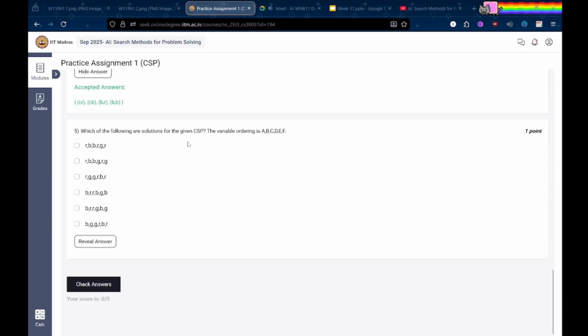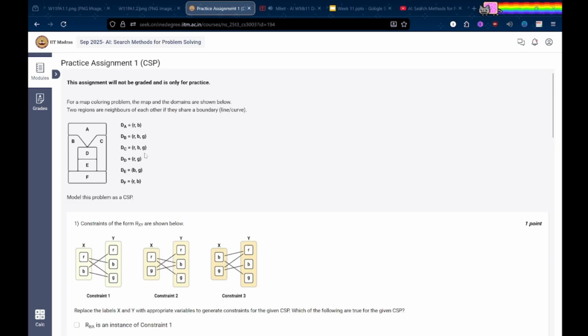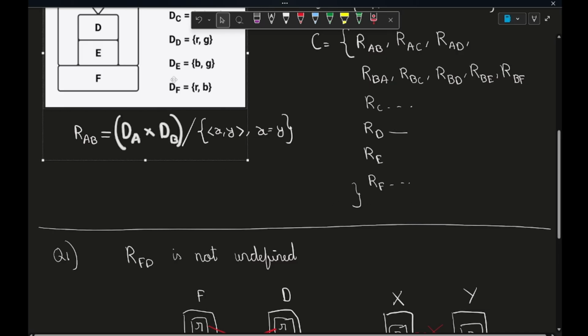Which of the following are the solution for the given CSP? The ordering is A, B, C, D, E, F. So if this ordering is given, then we are supposed to solve in this order. Yes. Okay, let's try that.